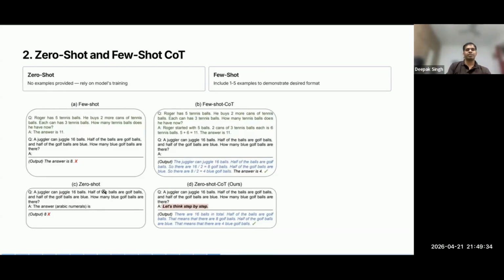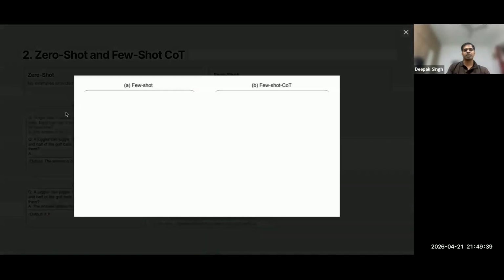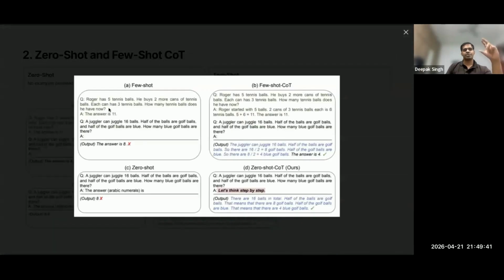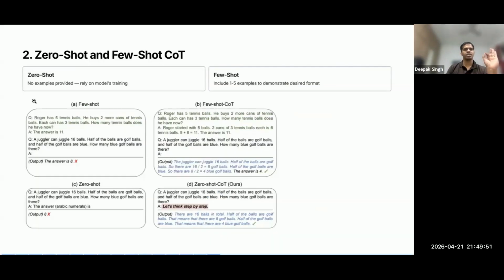But I can make it few shot, which is I have given one answer, and then I'm giving it another question and asking for answer. Even though in few shot, by the way, this makes this mistake, and which is where it shines with another technique, which is called chain of thought. Chain of thought is nothing but think step by step or solve the problem step by step.